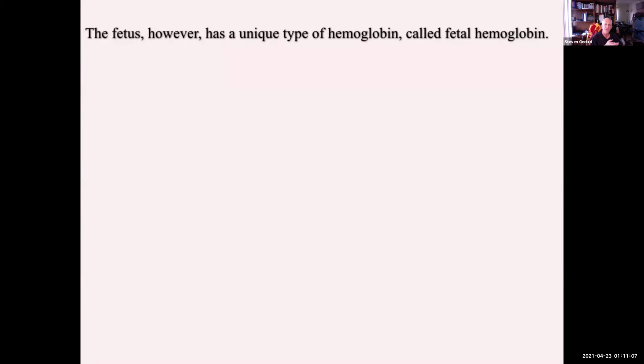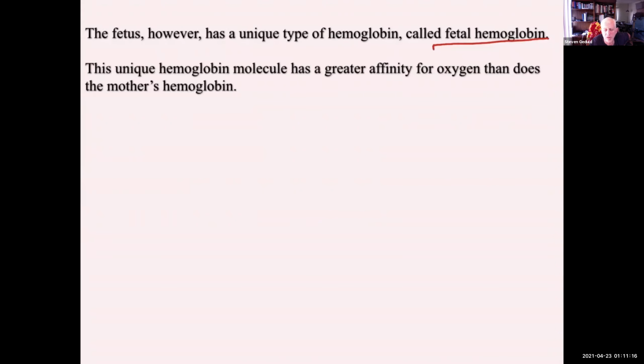The fetus has a unique type of hemoglobin called fetal hemoglobin. This unique hemoglobin has a greater affinity for oxygen than the mother's hemoglobin. So when you get to the placenta, you've got fetal hemoglobin inside the fetus and maternal hemoglobin inside the mother.